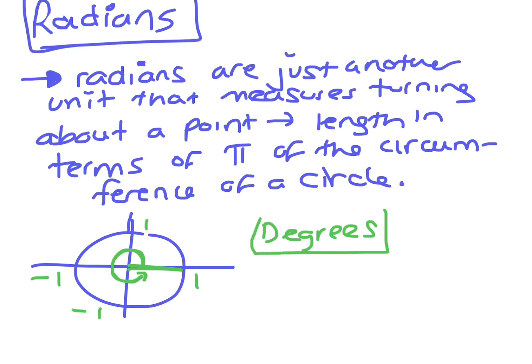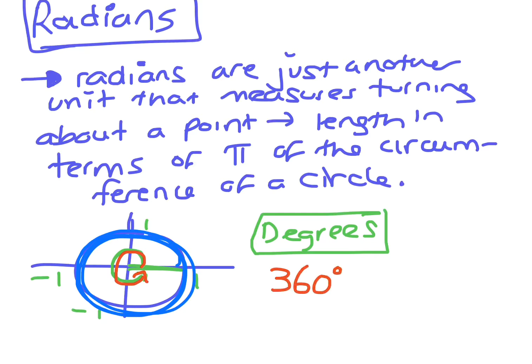So we're going to look at finding a relationship between the turning in degrees and the turning at the circumference of a circle. So basically, if you turn 360 degrees, then the circumference around the outside of the circle, this is a unit circle, so radius 1, will be 2 times pi times the radius, which is 1, which is 2 pi.